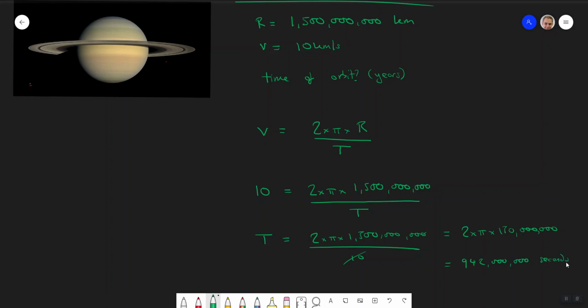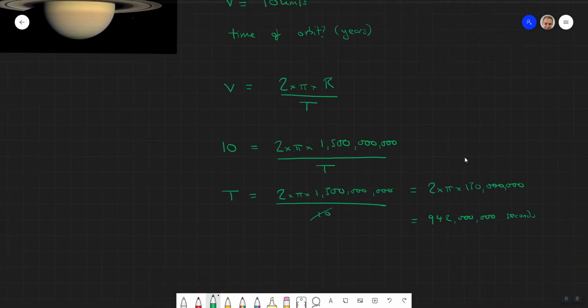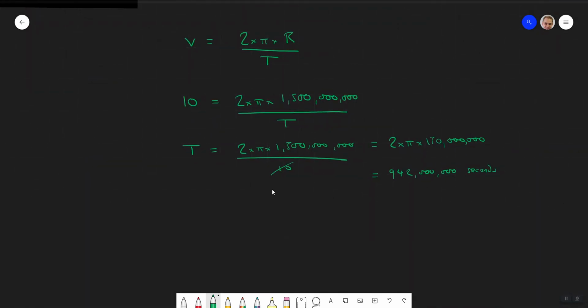seconds. If I want to turn that into minutes, okay, I'm going to divide by 60. So if I divide by 60, I get 15,700,000 minutes.